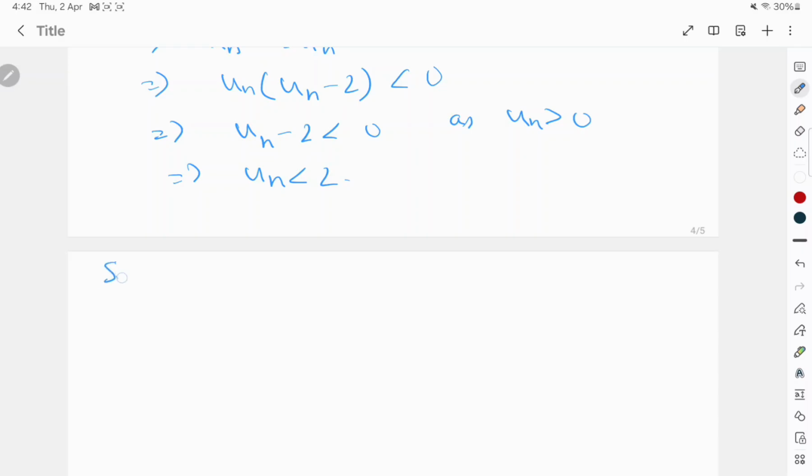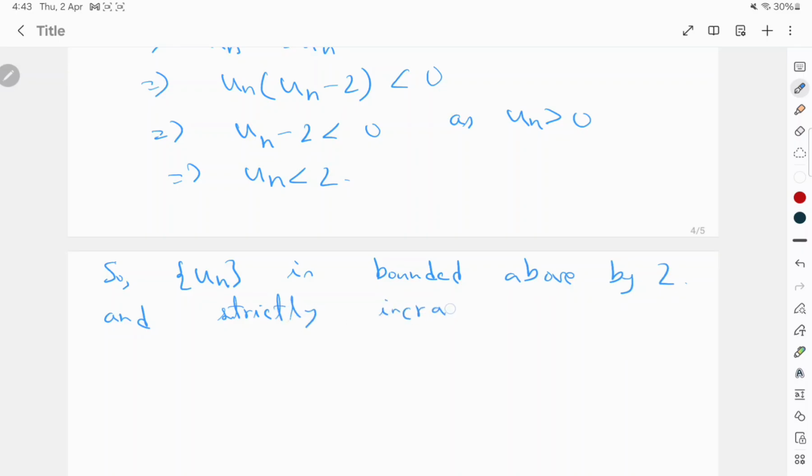So un is bounded above by 2 and is a strictly increasing sequence.